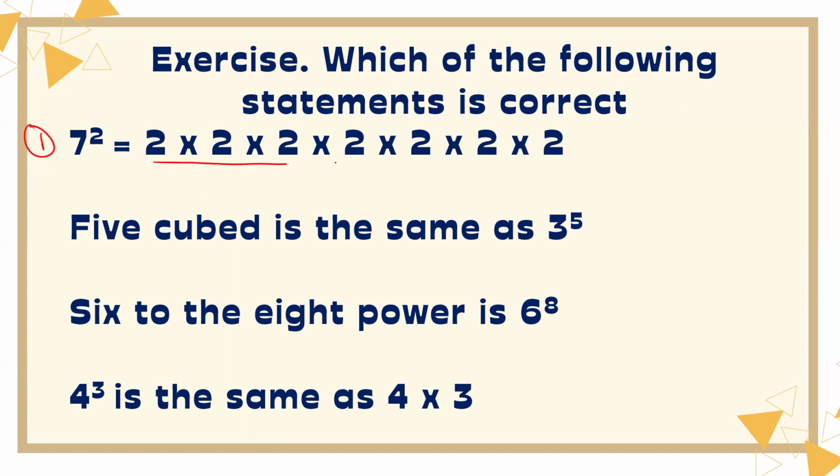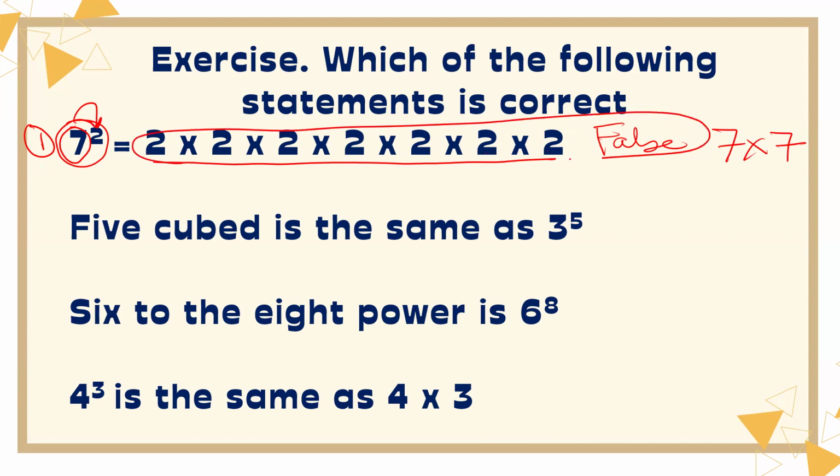Is this the correct expression equivalent to this exponential expression? Is this true or false? This is false because 7 is the base, 2 is the exponent. Therefore, this should be expressed as 7 times 7. Okay, so this is actually false.